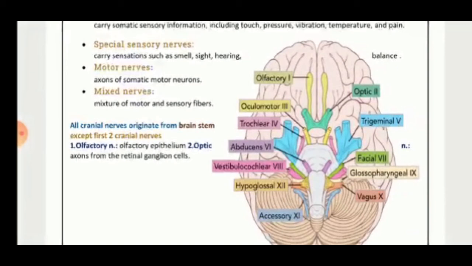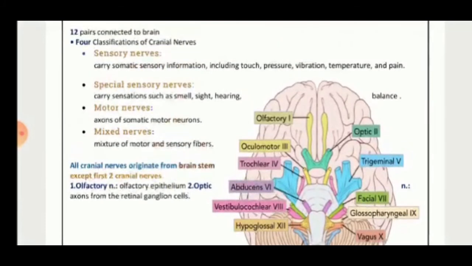Now we have said olfactory comes from our nose. Is it a sensory, motor, mixed, or special? Yes, it is a special sensory nerve. Same as the optic, which is a special sensory nerve responsible for vision.